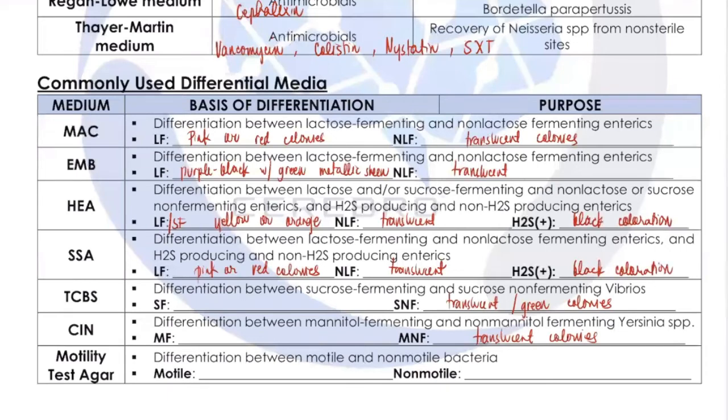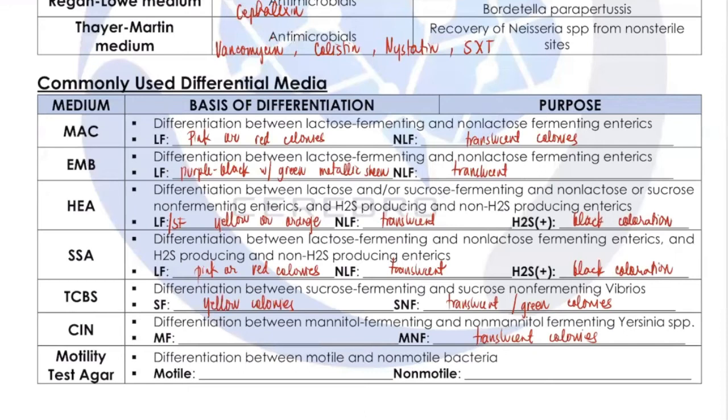Then we have TCBS. This is usually for Vibrio. Sucrose fermenters will have yellow colonies, whereas non-sucrose fermenters will have green or translucent colonies. Then we also have CIN, which is cefsulodin, irgasan, and novobiocin. This is for the differentiation of mannitol fermenting and non-mannitol fermenting Yersinia species.